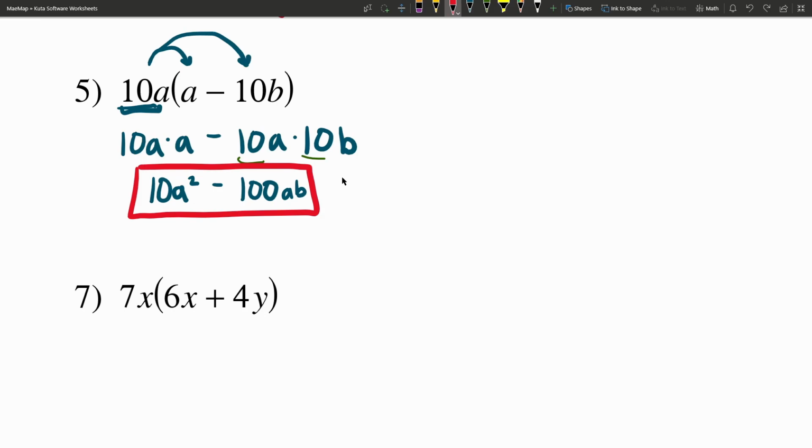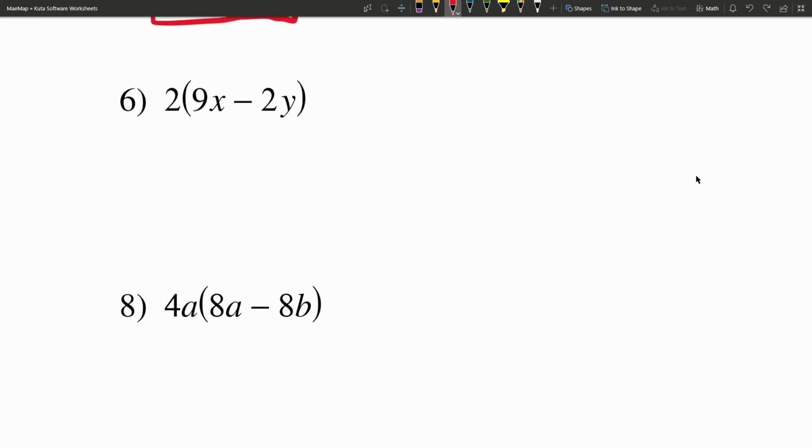Let's move on to number 6. In number 6, we have two different variables again, so let's see how this problem is going to play out. Well, our monomial is just that single value of 2, and that's going to get distributed into 9x and distributed into 2y with subtraction in between. So writing out 2 times 9x minus 2 times 2y.